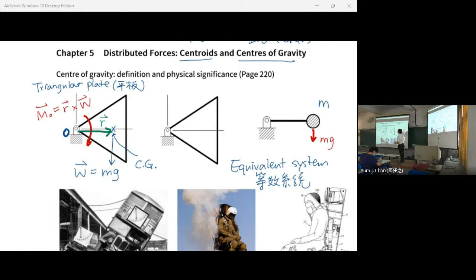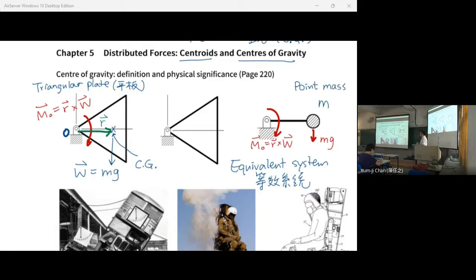We have the same moments here. Can we draw an equivalent system like M is equal to R cross W, but the mass is a point mass m here?